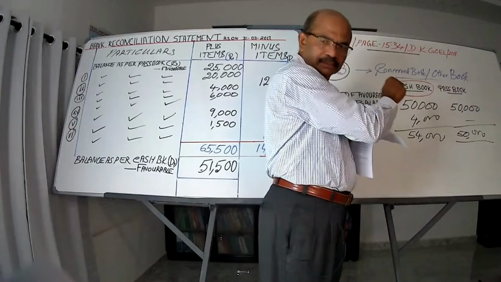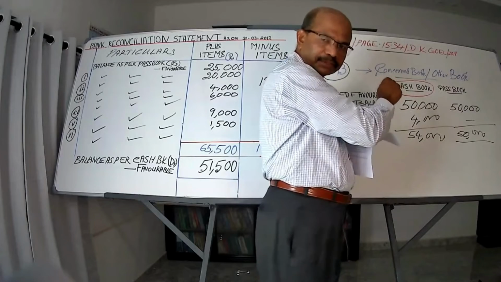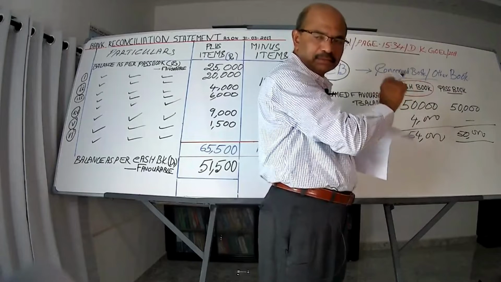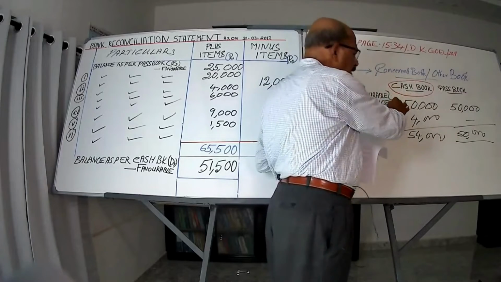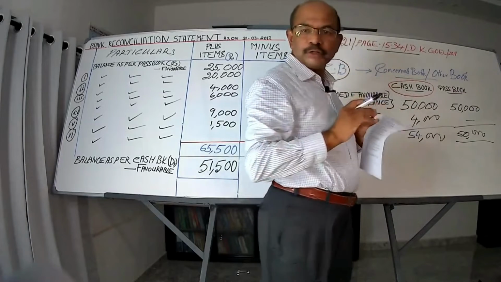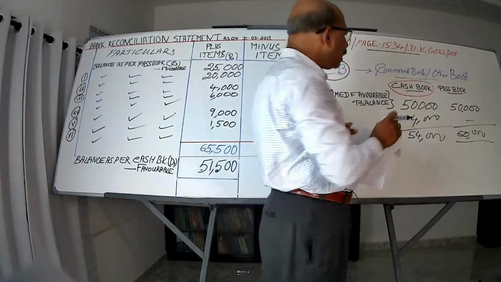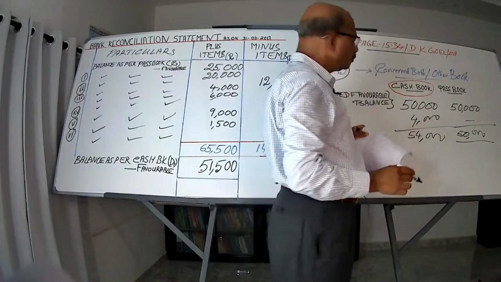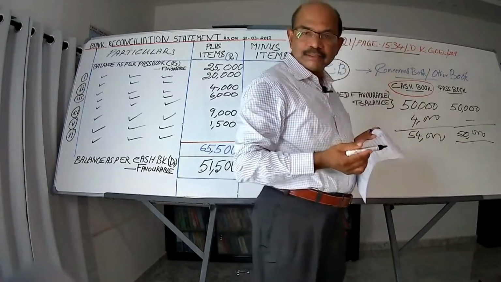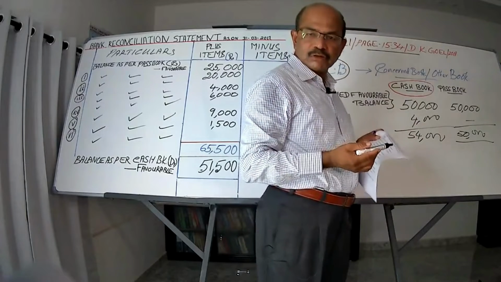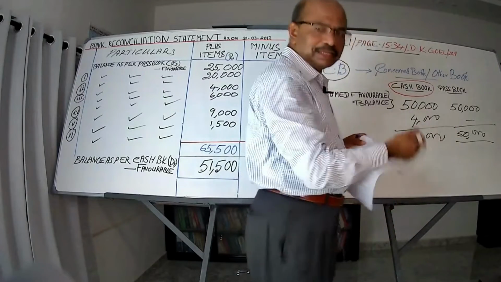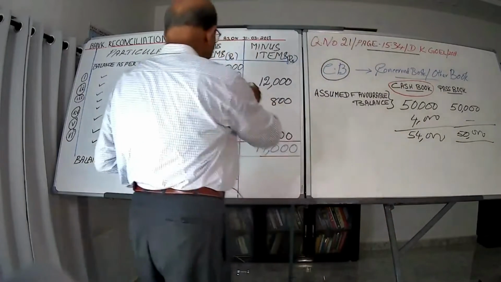Before the transaction, both the books had a common favorable balance. This technique I will consistently follow throughout the sum. After depositing a check of 4,000, the cash book balance has gone up to 54,000, whereas since the check has not been cleared by the bank, the bank will still be showing 50,000, an increasing effect. Hence, I am showing it here.